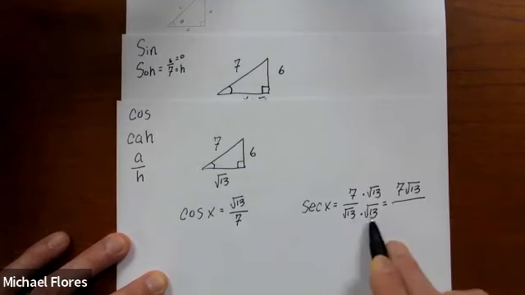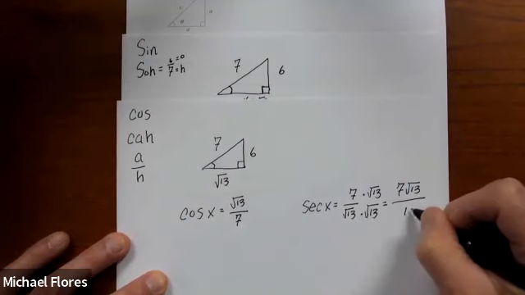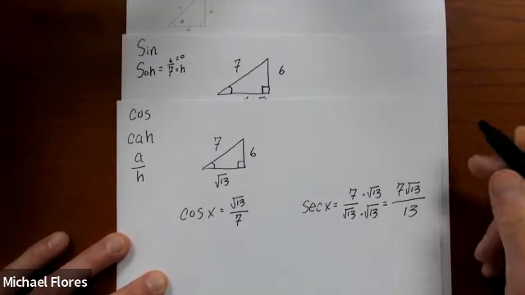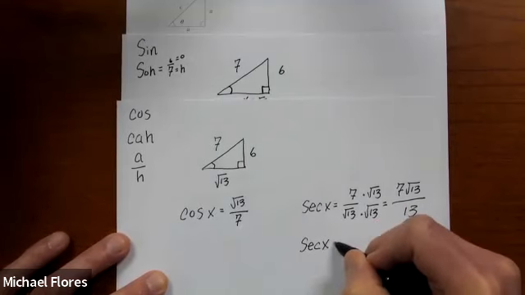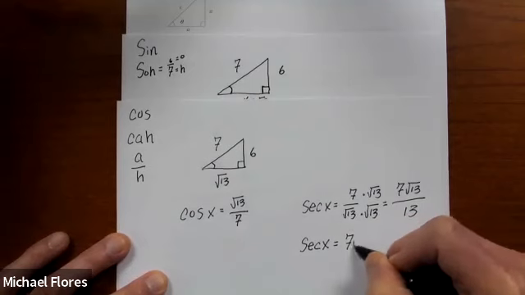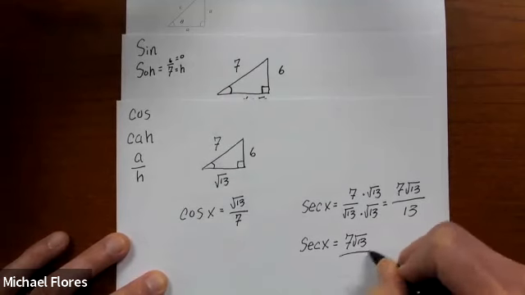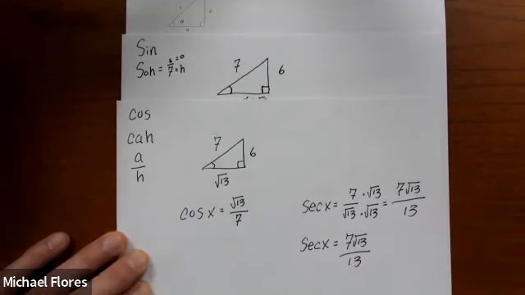Over any root multiplied by itself just leaves you with the number inside the root. So now we've answered the question. Secant of theta is 7 root 13 over 13.